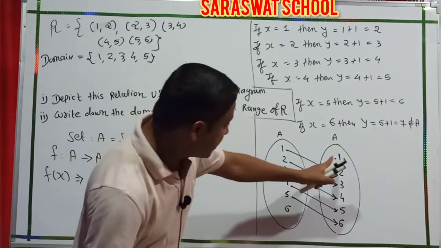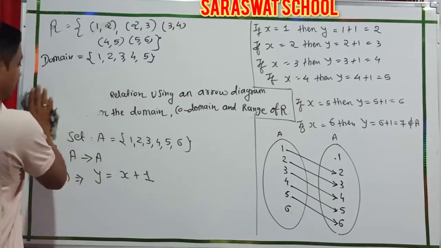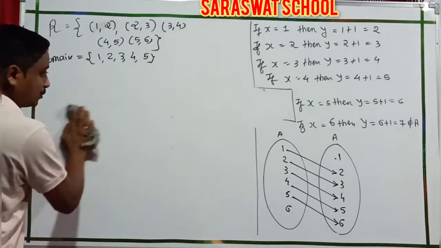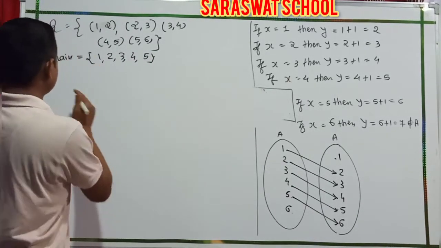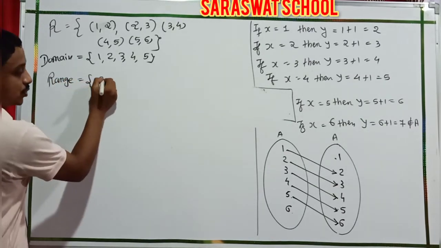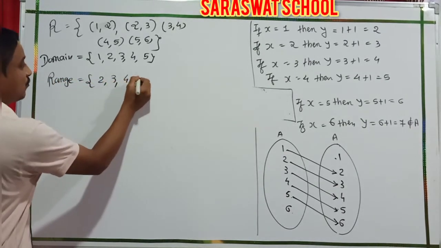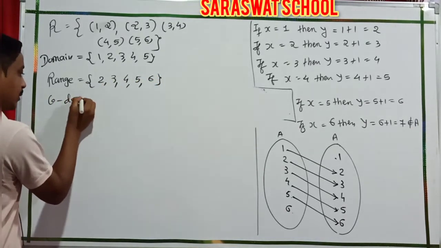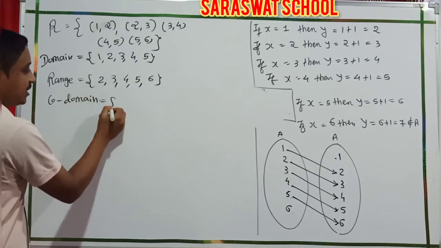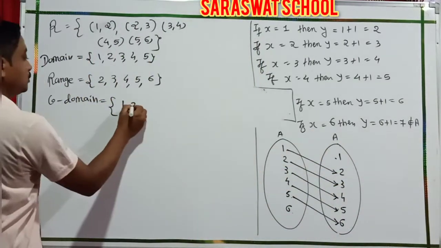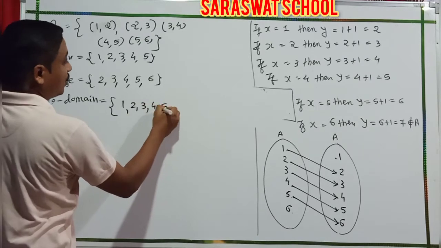And the range is also ready. My range is 2, 3, 4, 5, 6, and the codomain. Codomain means students, these are the full values 1, 2, 3, 4, 5, 6.